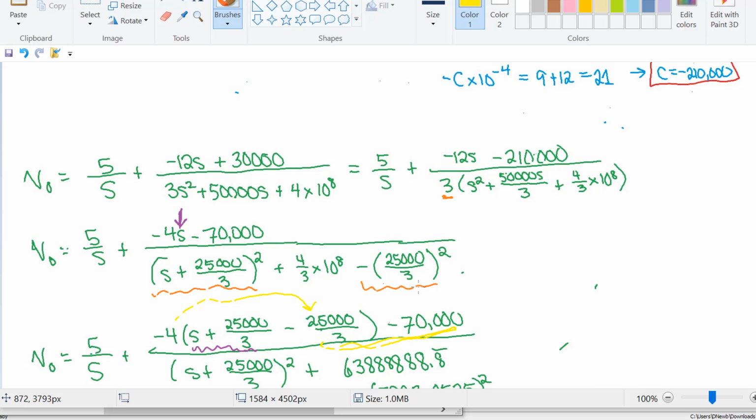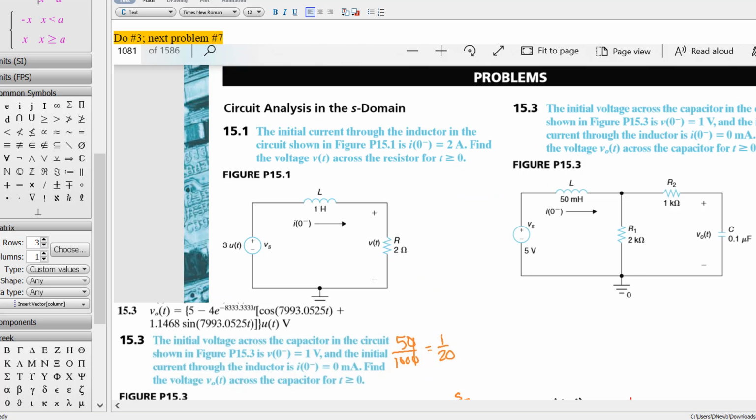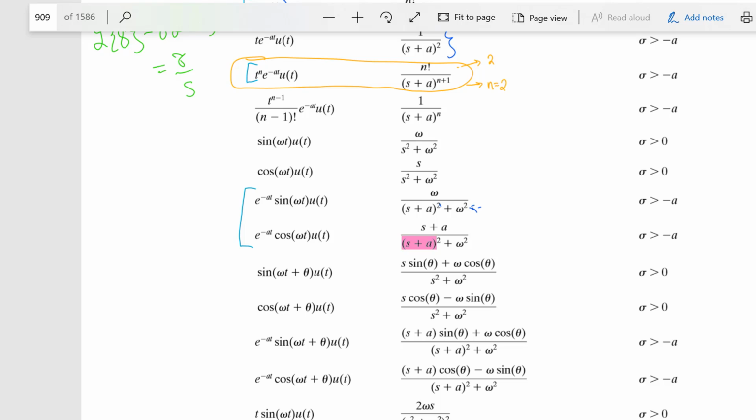And that gave me, oh, what is it? 63,888,888.8 repeating. So that was when I combined the two constants at the end in the denominator. But then remember, also, we want the denominator to be of the form s plus a squared plus omega squared. So I want that second number written as the square of a number.